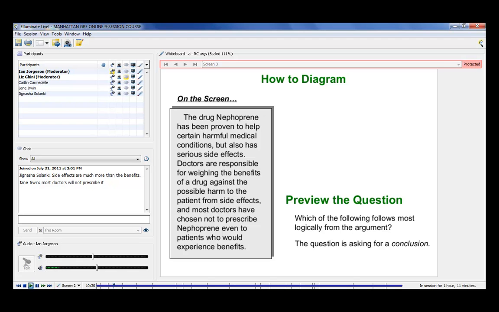They didn't actually tell us the side effects are worse than the benefits for curing the harmful medical conditions. Okay, so Jane's telling us that most doctors will not prescribe it. What else do we have here that seems important? Do they give us any explanation for why doctors might not prescribe it?